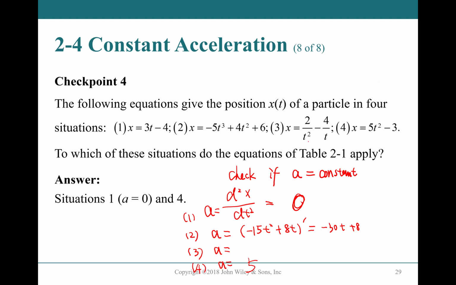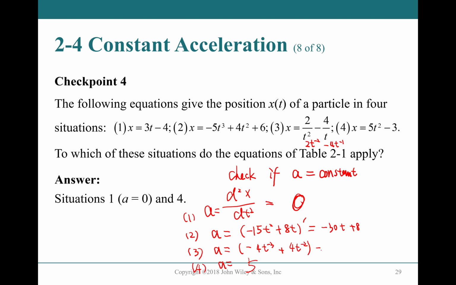Okay, and then you have this one here, which is 2t to the power of negative 2 minus 4t to the power of negative 1. The first derivative, you are going to get negative 4t to the power of negative 3, and then this one here, you are going to get positive 4t to the power of negative 2.